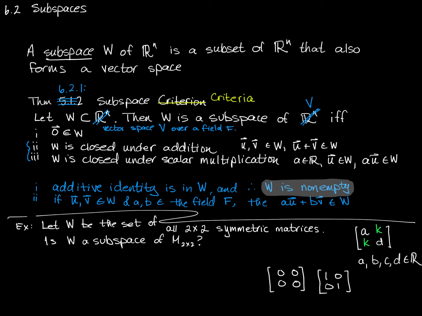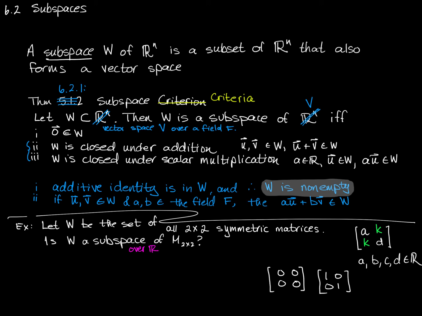and the next one is to check whether W is closed under addition and scalar multiplication. Now we haven't specified here, so we're going to say W is a subspace over the real numbers because we haven't said otherwise.